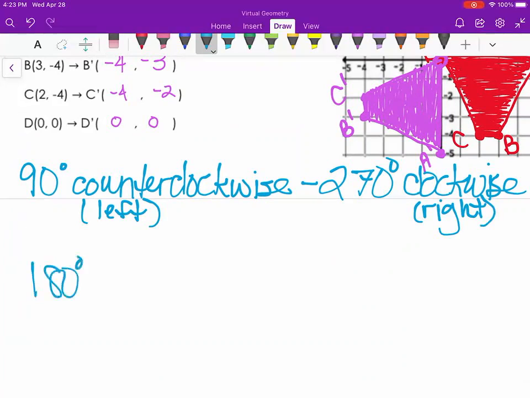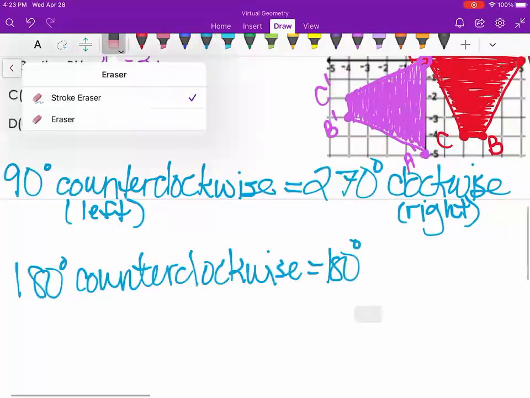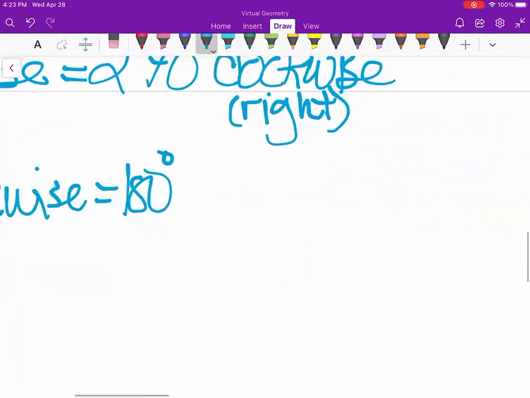180 degrees counterclockwise is the same as a 180 degrees clockwise. Sorry, let me zoom in on that for a second.